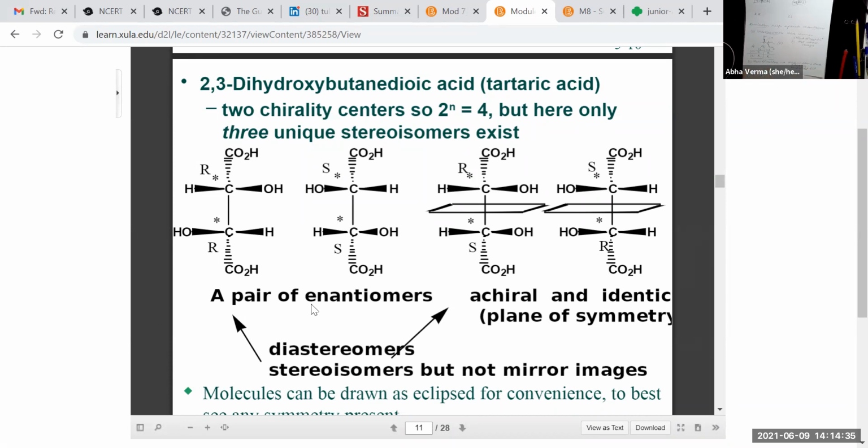So what is happening here? When we look at this structure, how many chirality centers do you see here? 2. So N is equal to 2. How many stereoisomers are possible? 2 raised to power N, which is 4.